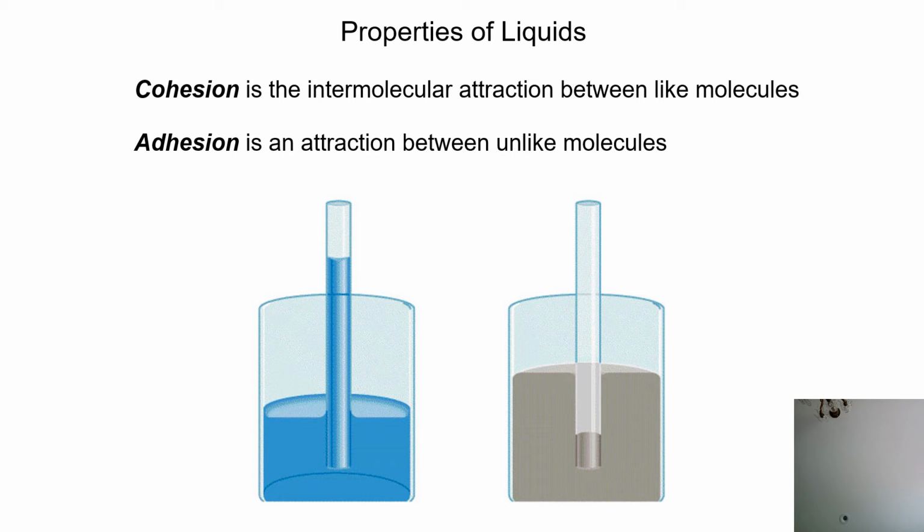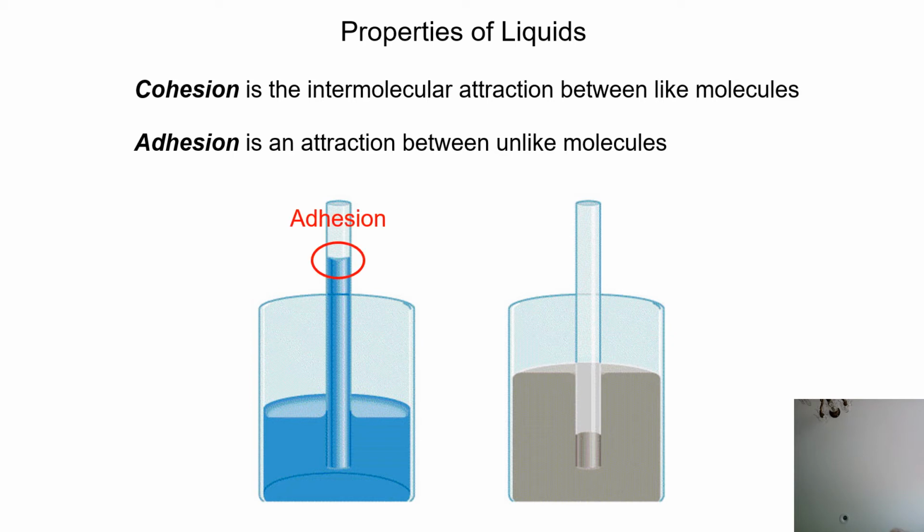So these are the two forces that are responsible for what's called capillary action. When this process is occurring, we have like molecules, the blood molecules, being attracted to one another, but we also have an attraction between the blood and the glass in the capillary tube.